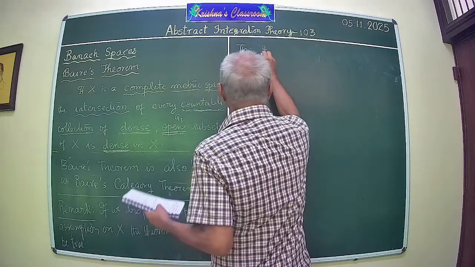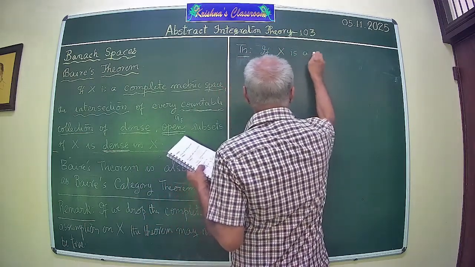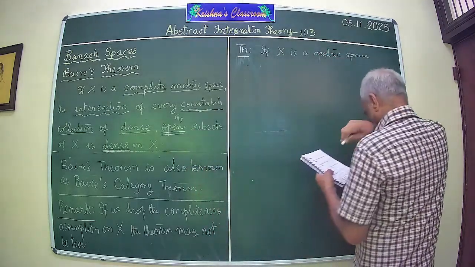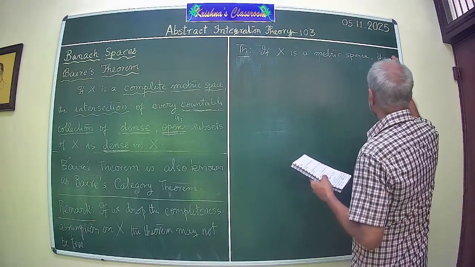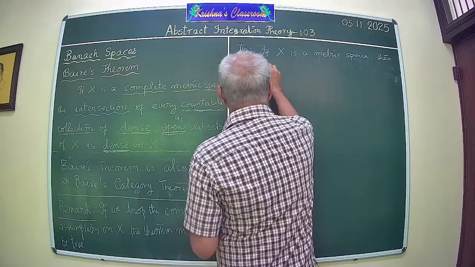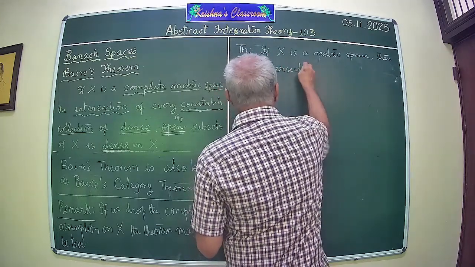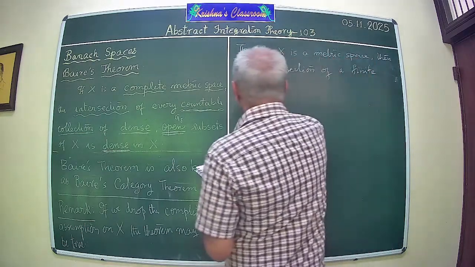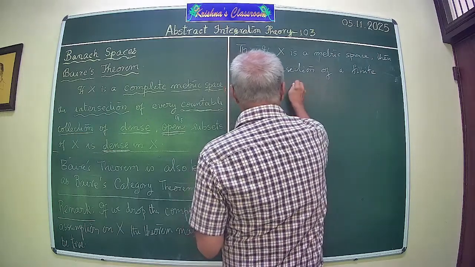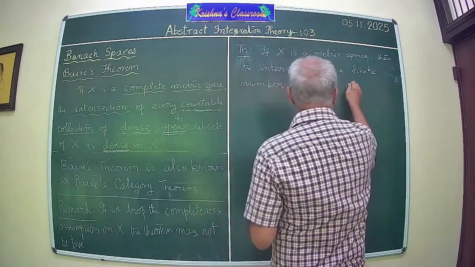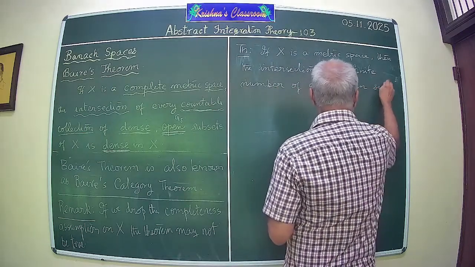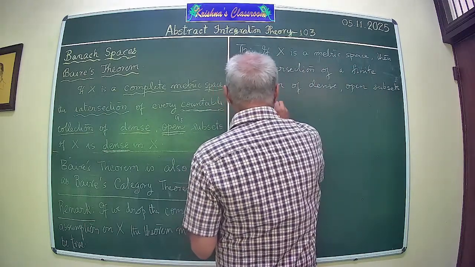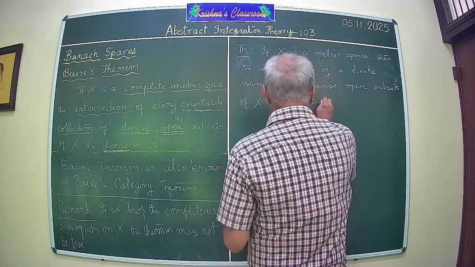If X is a metric space, then the intersection of a finite number of dense open subsets is dense.